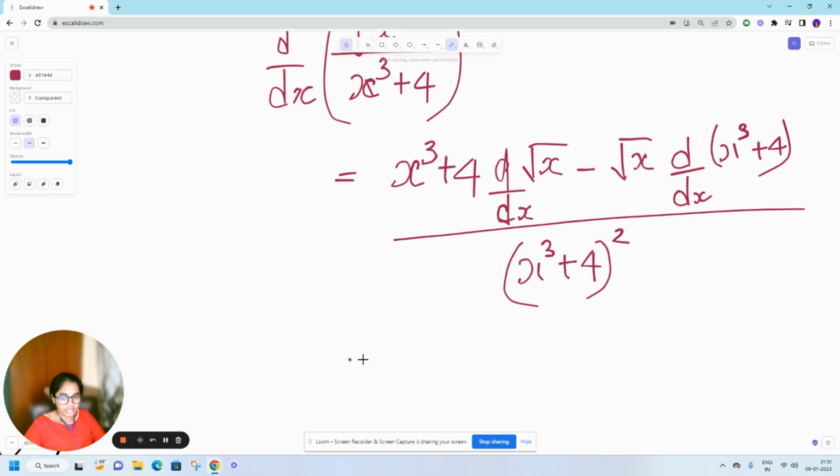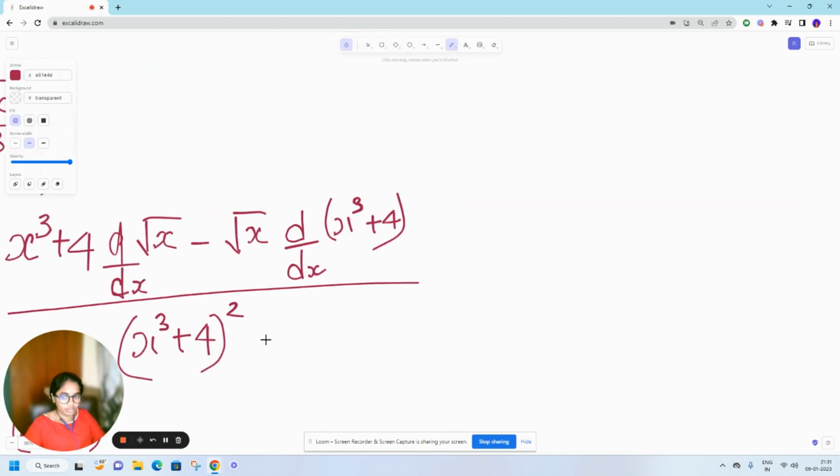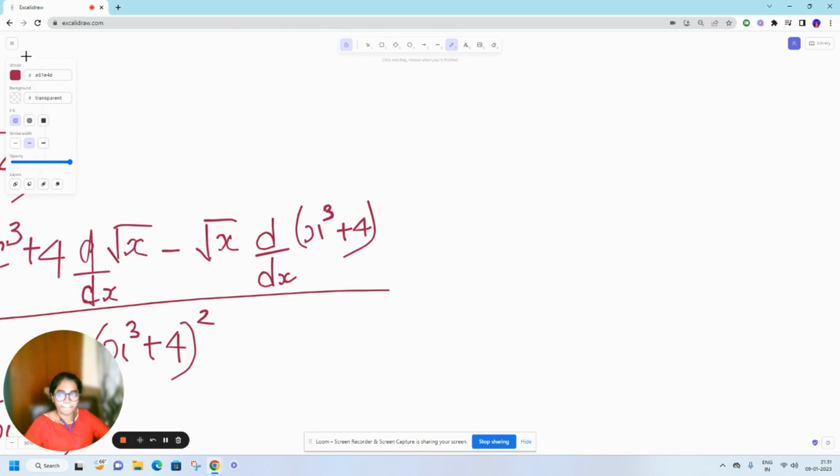What is the next step? Write down x cube plus 4 as it is. What is the derivative of square root of x? How do you find it? Let me solve that over here. I can write root x as x to the power half. Agree?